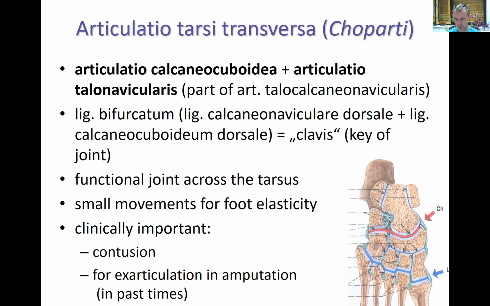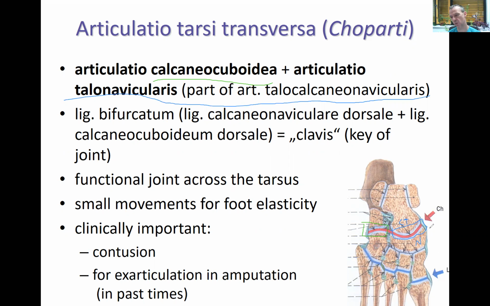And these two clefts, which you can see there, that means the calcaneocuboid joint, located laterally, and the talonavicular part, as you can see, the head of talus, capitally here, and navicular bone here. So the talonavicular part of the talocalcaneonavicular joint. So these together form such an S-shaped joint.